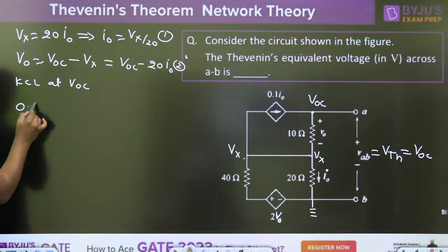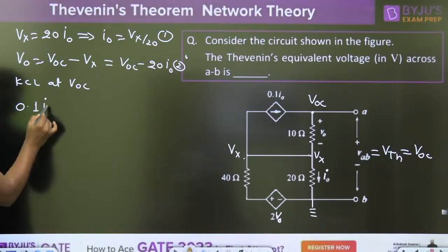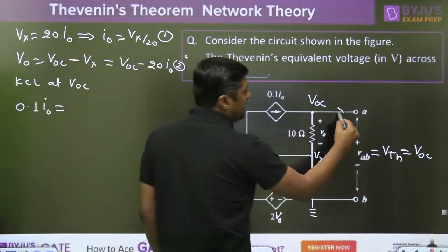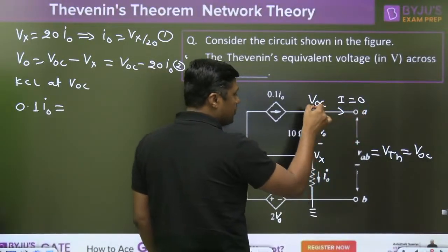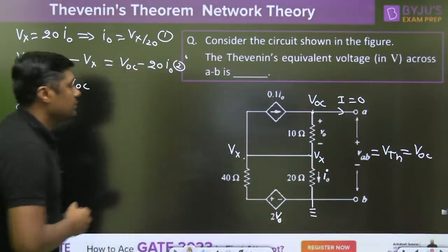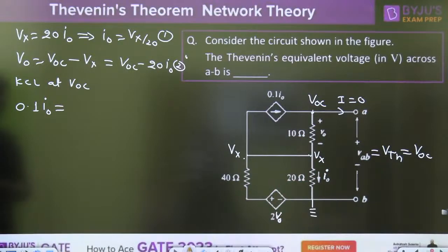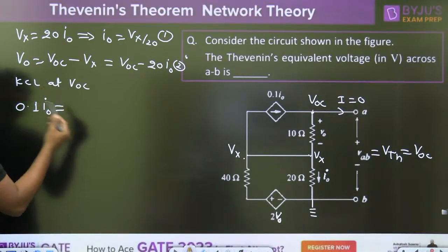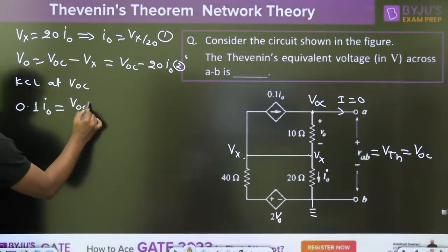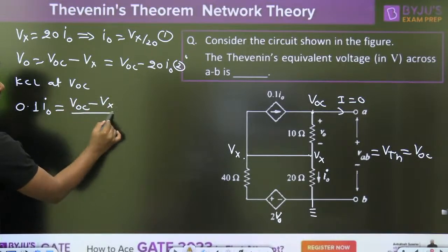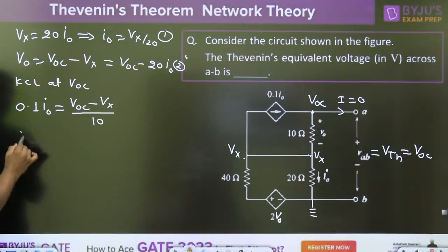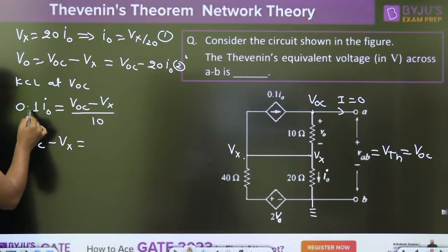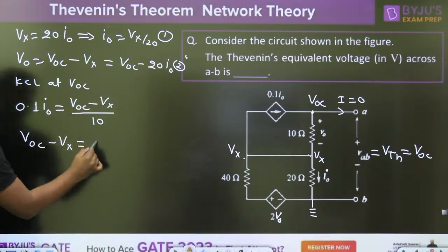What is the incoming current? 0.1 I naught is equal to, what is the outgoing current? At this point the current is 0 because it is an open circuit. So VOC minus Vx upon 10. That is nothing but V naught upon 10. And you can write VOC minus Vx is equal to, when I am multiplying it with this 10, it will become I naught.